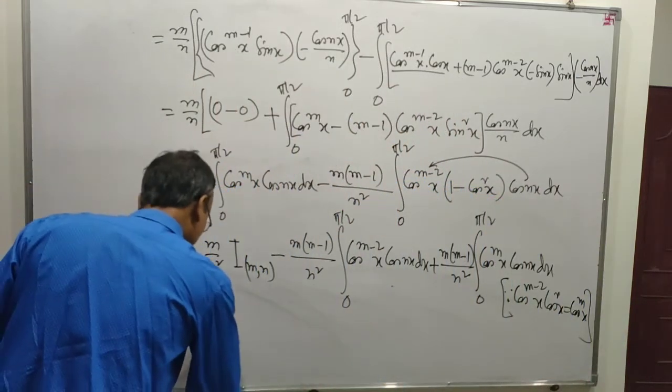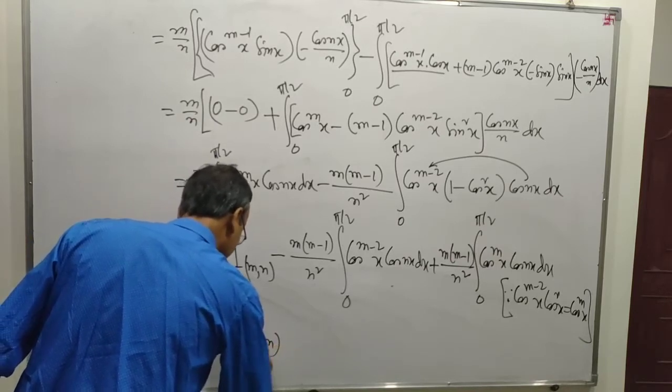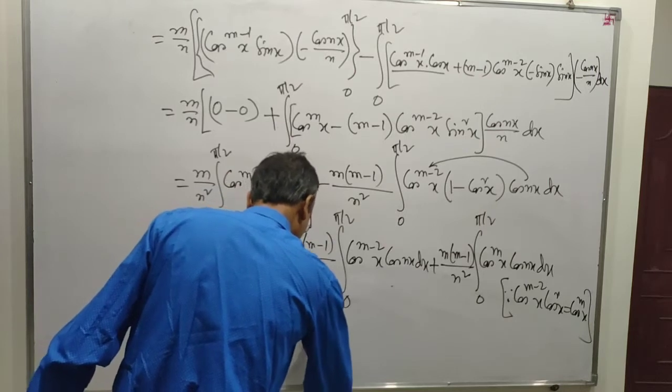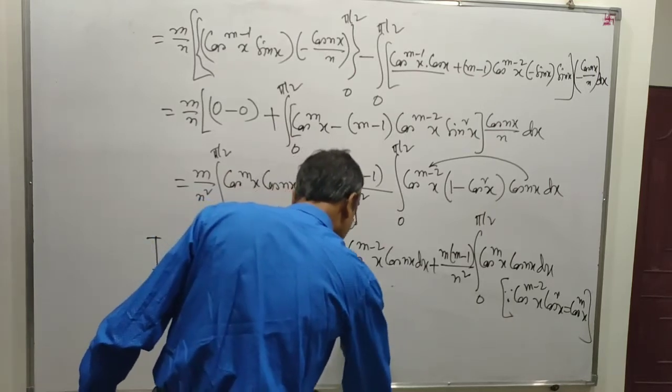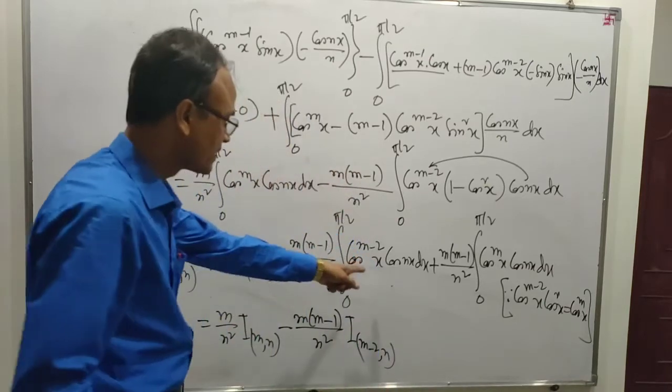Now, this is equal to m by n square I m n minus m into m minus 1 divided by m square, it will be I m minus 2n definitely.